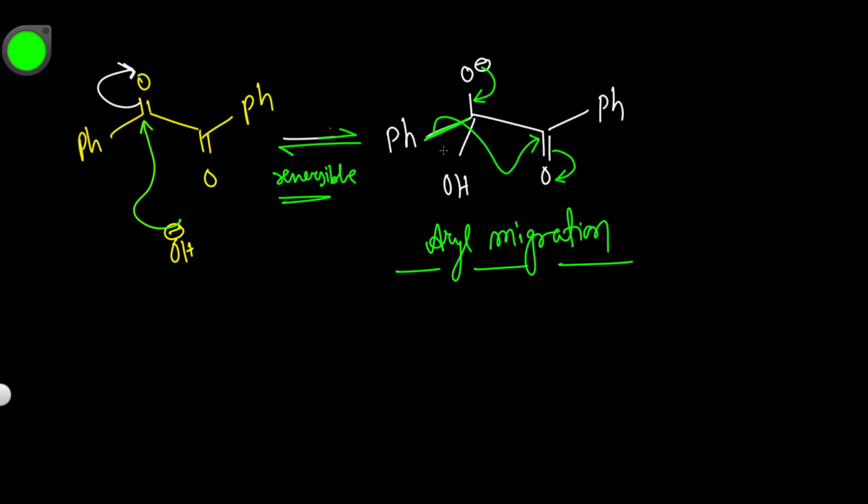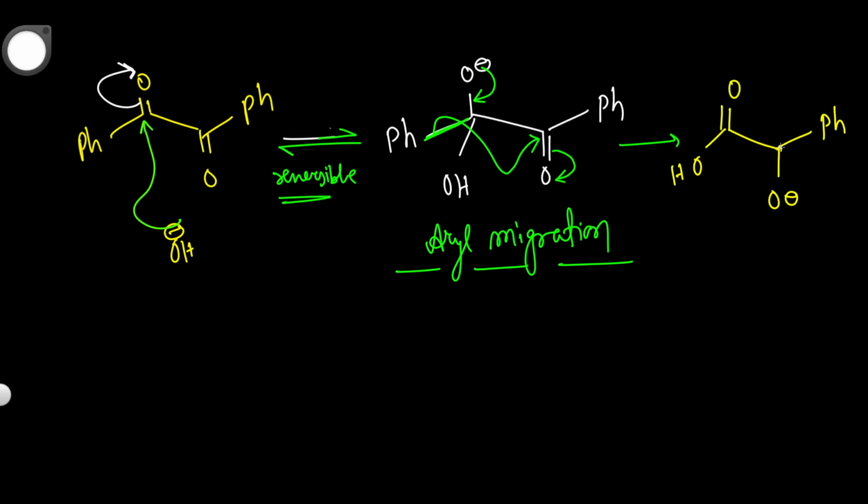So when the aryl migration happens, it attacks this carbonyl center, and then what do we get? We get something like this: Ph, double bond O, here OH, and here O minus, and here is already a Ph, and this Ph, the one that migrated, I am denoting with the white color.